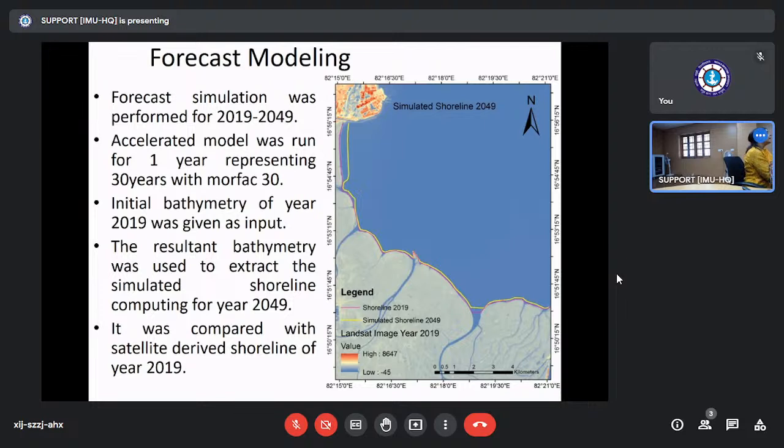Now this time, the initial bathymetry was taken for year 2019, and then the simulated bathymetry was extracted for year 2049, and it is compared on the satellite imagery of 2019, where two shorelines are compared, the simulated shoreline of 2049 and the shoreline for 2019. It is predicting considerable accretion near the western part of the bay on the upper side.